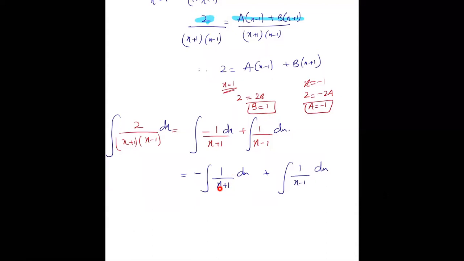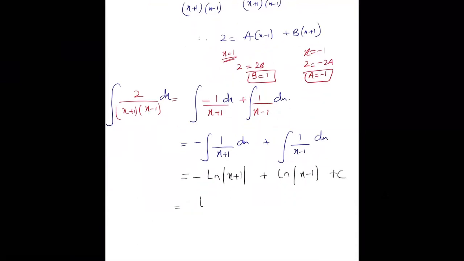Is the differentiation of the denominator present in the numerator? Yes. So the integration is going to be ln of the denominator. Similarly, over here, x minus 1 differentiation is going to be 1. So integration of 1 upon x minus 1 is going to be ln of the denominator. Make sense? Plus c at the end.